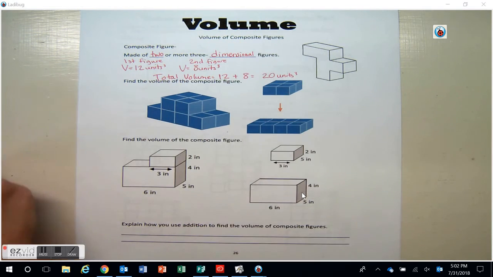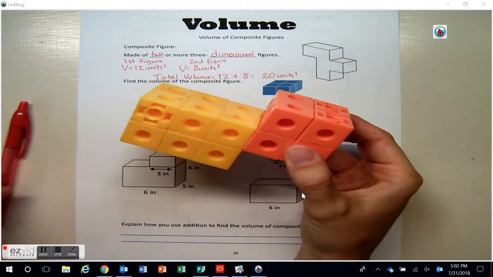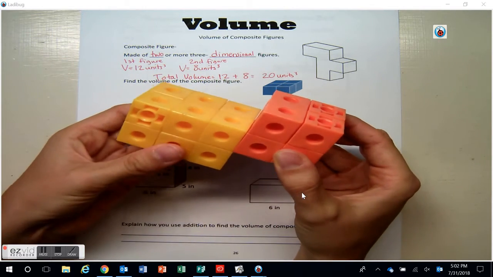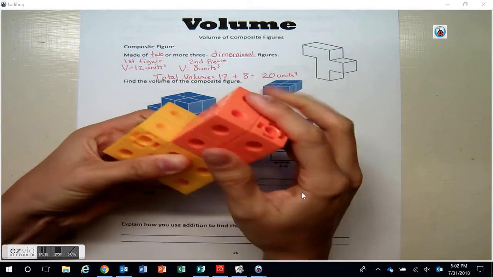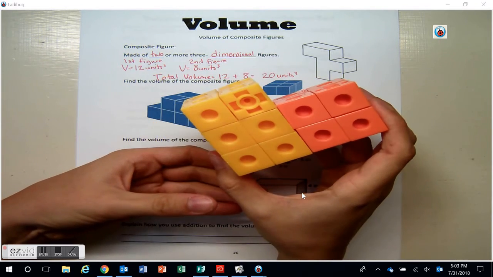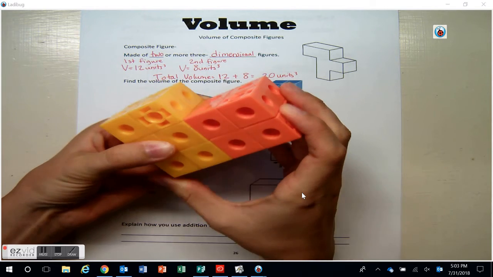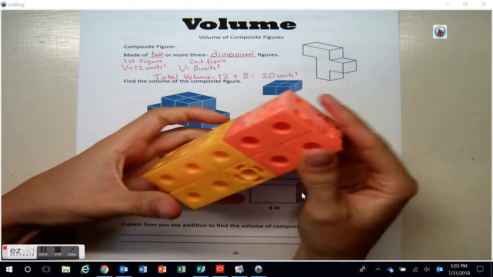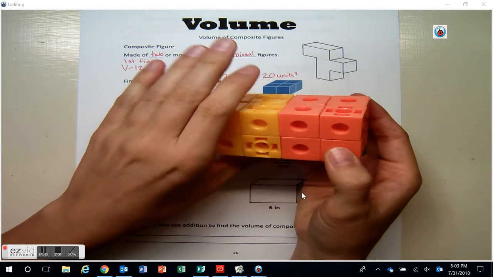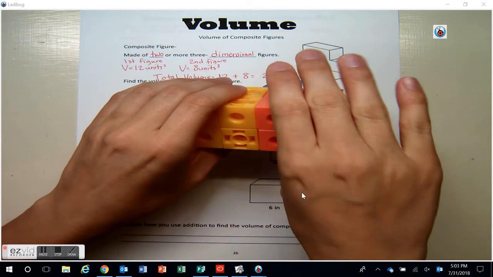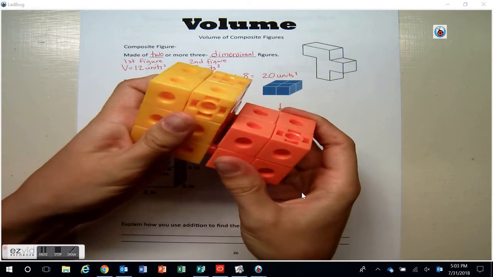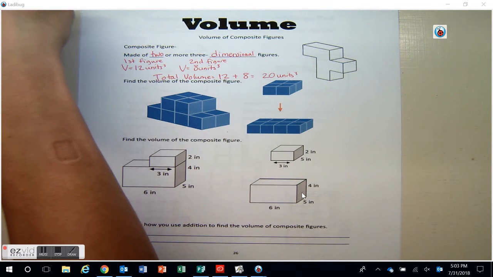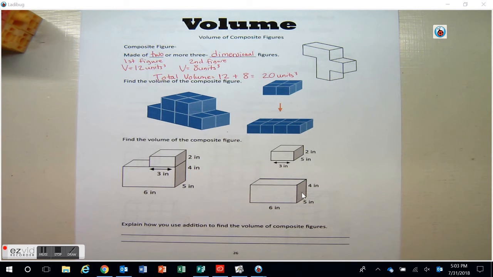So I'm going to say first figure, second figure, and together then I would just add their volumes to find out how many total cubes make up this new composite shape. The volume of this figure is 20 cubic units because I have 12 from this shape and 8 from this shape.